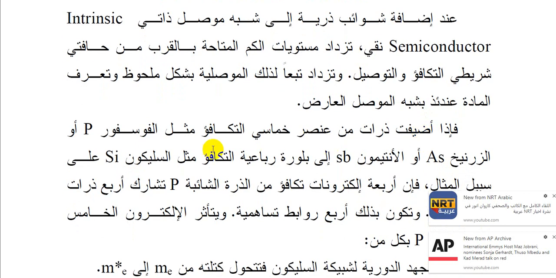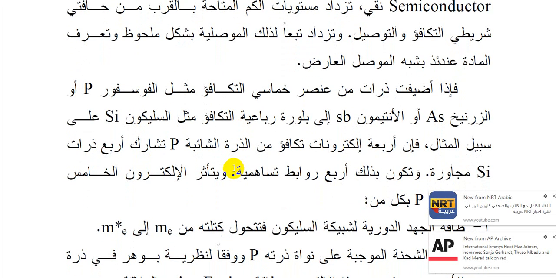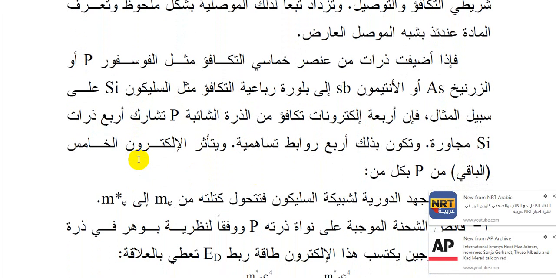If atoms of pentavalent elements, such as phosphorus P, arsenic As, or antimony Sb, are added to a tetravalent crystal such as silicon Si, four valence electrons from the intruder atom P will be shared with four adjacent Si atoms.